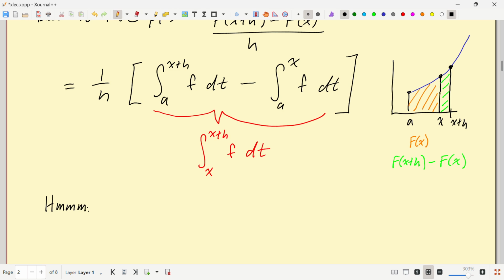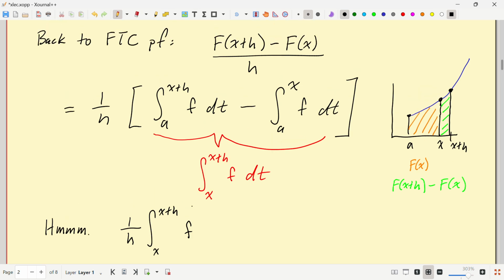So let's see if I were to integrate a constant. I'll take 1 over h, integral from x to x plus h. I'm going to put a constant here. To emphasize that my x is a constant, I'm going to change my x to an x naught.